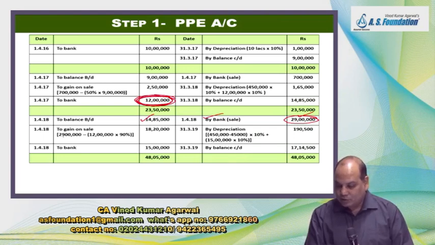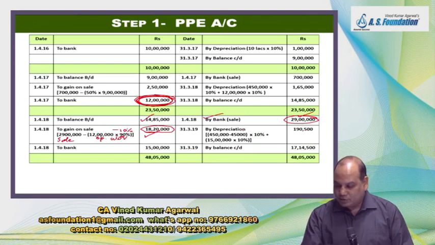So sale value is 29 lakh and its opening WDV of the asset sold is 12 lakh into 90%, or you can write 12 lakh minus 10%. This way also you can write. So are you getting a profit of 18 lakh 20,000?